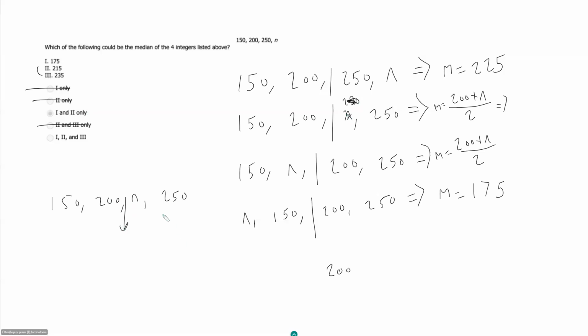That would have to make n equal to 270, but that can't be, because then n would be over here, and 235 would no longer be our median. So this one is not possible, and so we only have C left, 1 and 2.